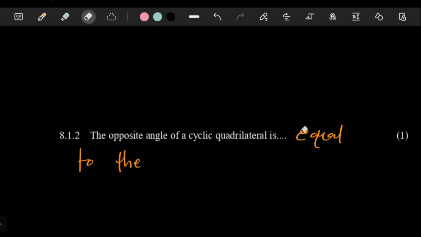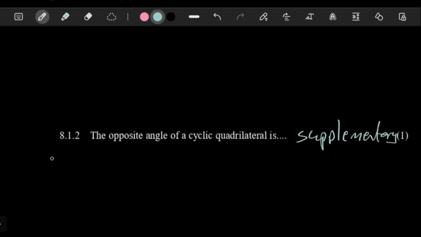This one is kind of awkward, because they want us to refer to the theorem that states that opposite angles of a cyclic quadrilateral are supplementary. The opposite angle of a cyclic quadrilateral is supplementary to its opposite.